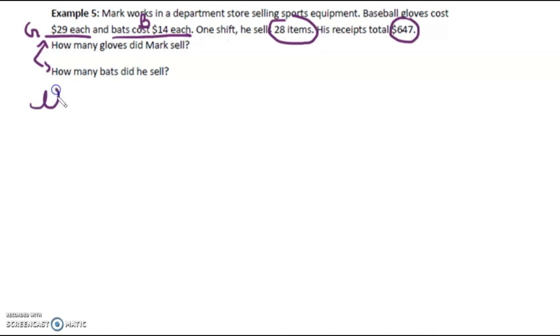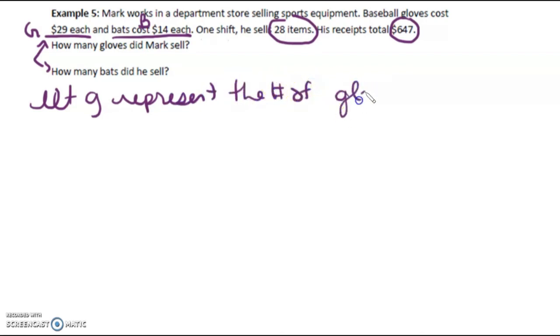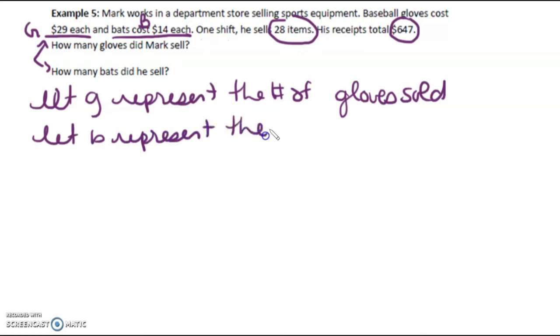Okay, so we're going to let G represent the number of gloves sold, and we're going to let B represent the number of bats sold. So we have two totals here.